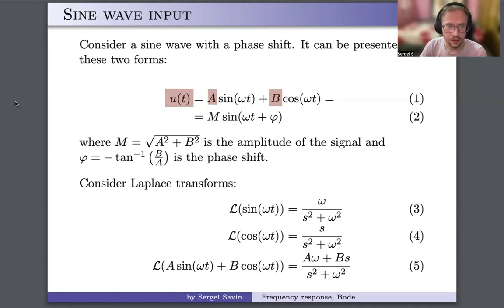A different way is to give amplitude and a phase. Right? Obviously, any harmonic signal would have to have a frequency. Now, just in case, if you had different frequencies here and here, it will be a sum of two different harmonic signals.